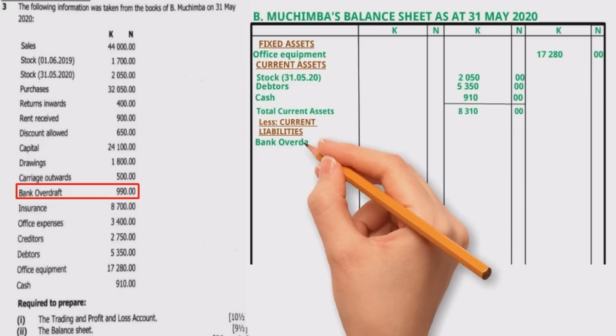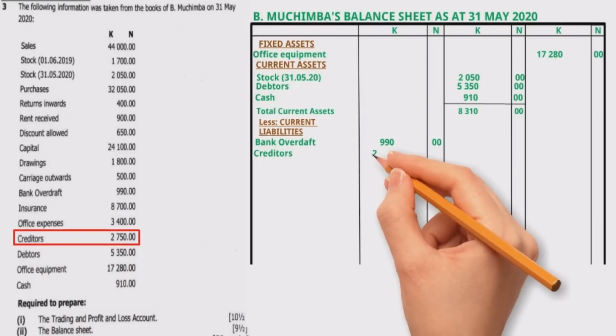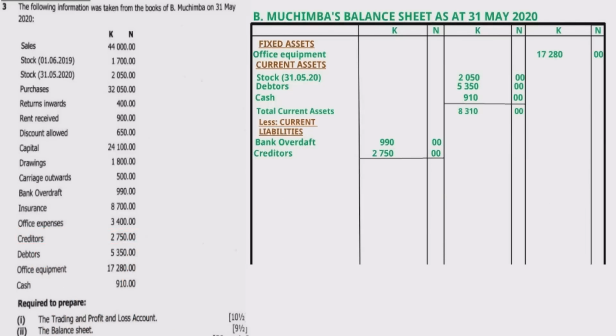So we write 990 kwacha like that. Then next is creditors, which is 2,750 kwacha. Now remember, we want to find the difference of the current assets and current liabilities. That means we need to add 990 and 2,750 kwacha.